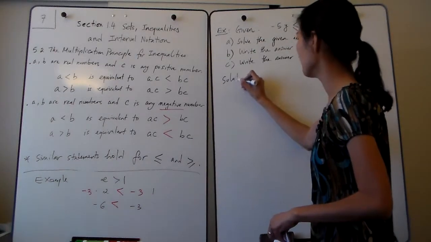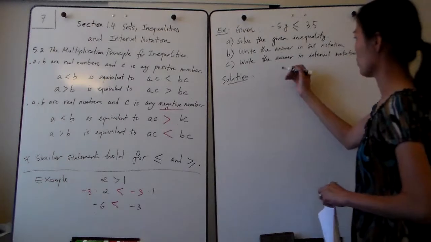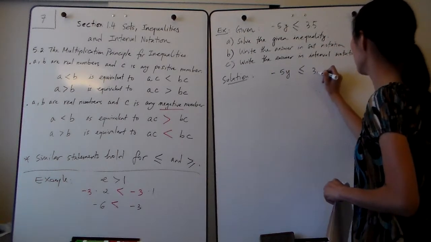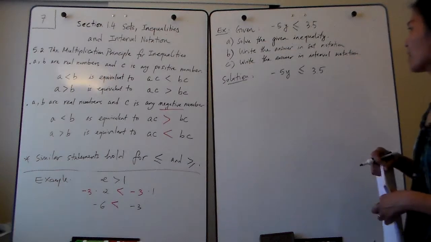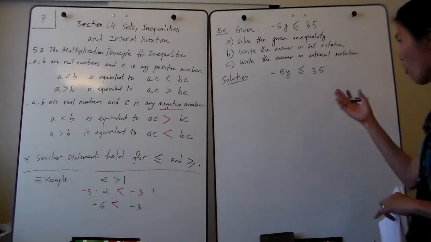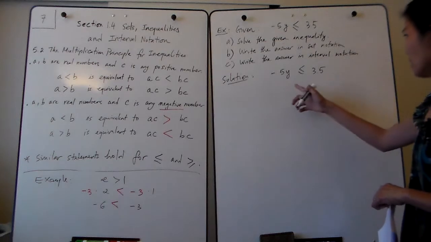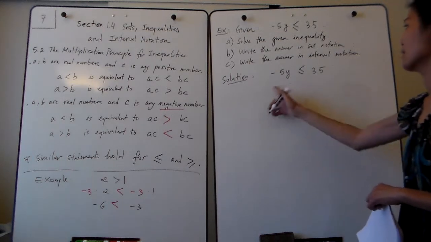Solution. So starting with the original inequality. Again, there are many ways you can use to solve these inequalities. One way you can do is divide by negative 5 both sides.